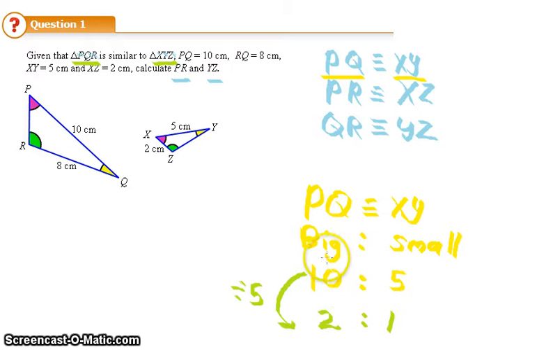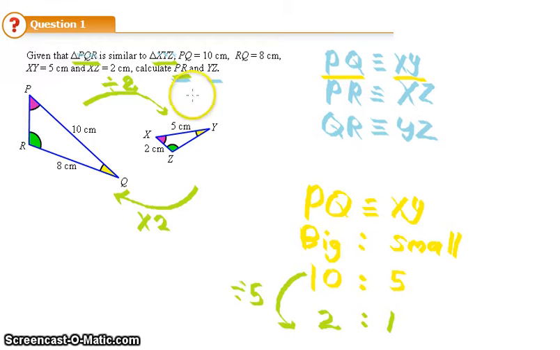So in other words, the bigger triangle is 2 times bigger than the smaller triangle. From here we can infer the scale: whatever goes from small to big, you need to times 2. Whatever goes from big to small, you need to divide by 2. So we want to find out what's PR.